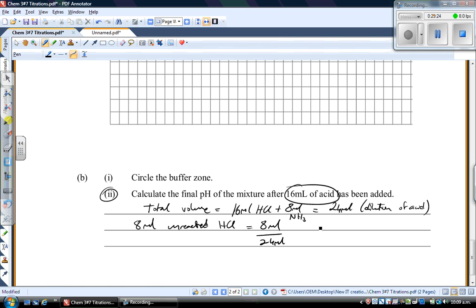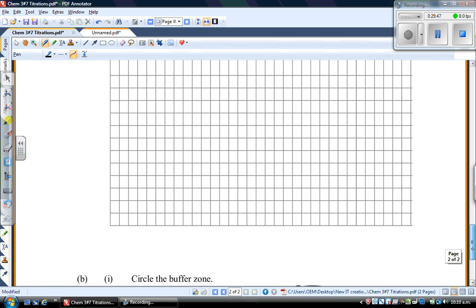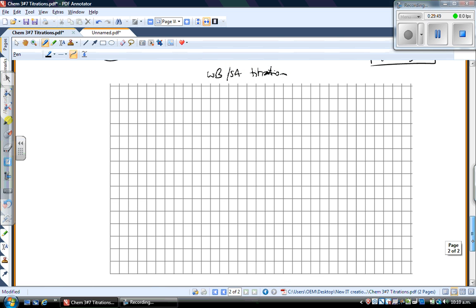So the starting concentration of the acid has been diluted, and therefore the final concentration of H3O+ becomes 0.033 moles per liter, and that gives you a final pH of 1.5, which is slightly above what the pure HCl would be.